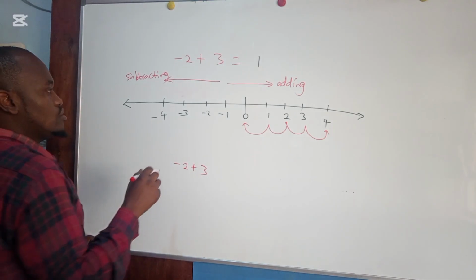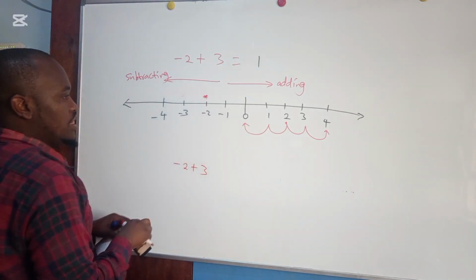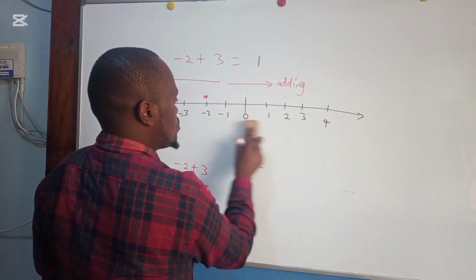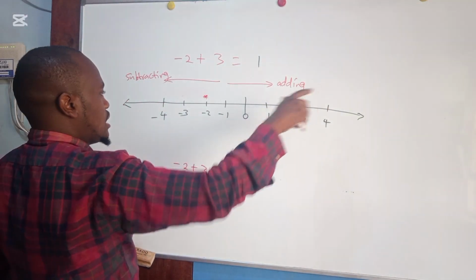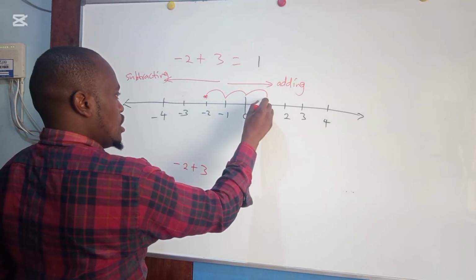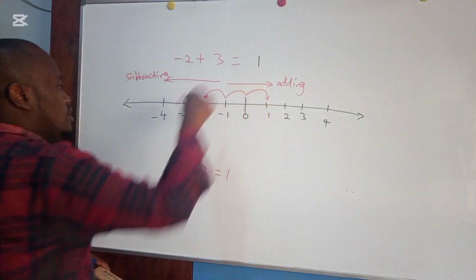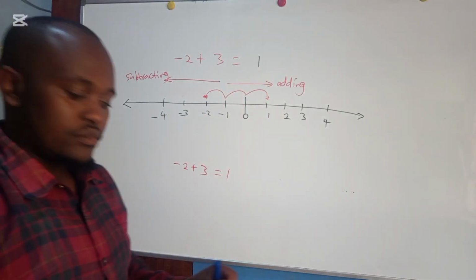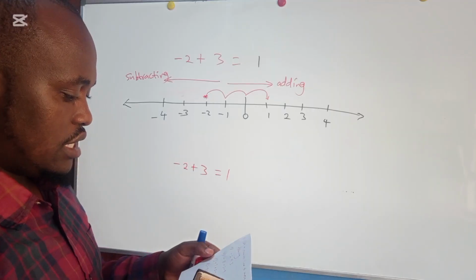You begin at where -2 is, and then you are adding 3. Which direction? The right hand side. So you go 1, 2, 3. Where do you end up? 1. Your answer is 1.